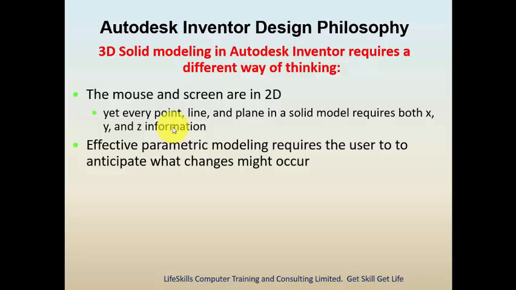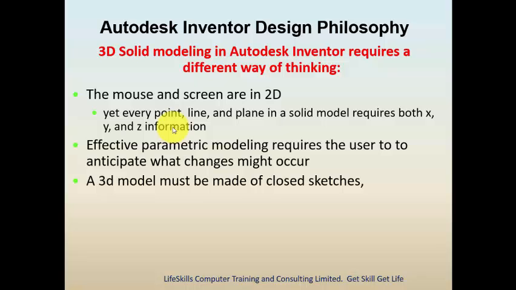Then, effective parametric modeling in Inventor requires the user to anticipate what changes might occur. If you change a dimension or an angle, or you change the length of a line, you should be able to anticipate that there will be definite changes as a result of the parameters that you are changing.